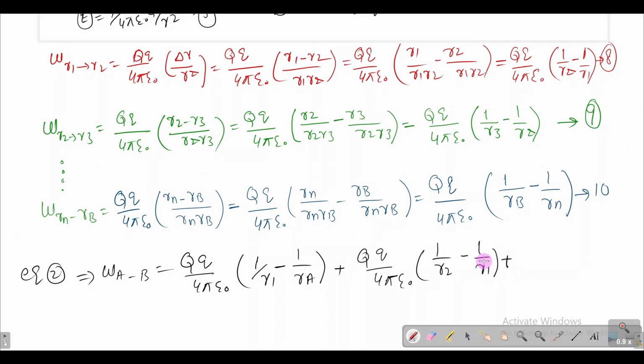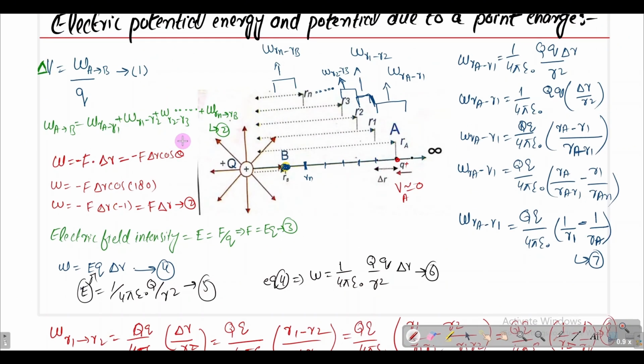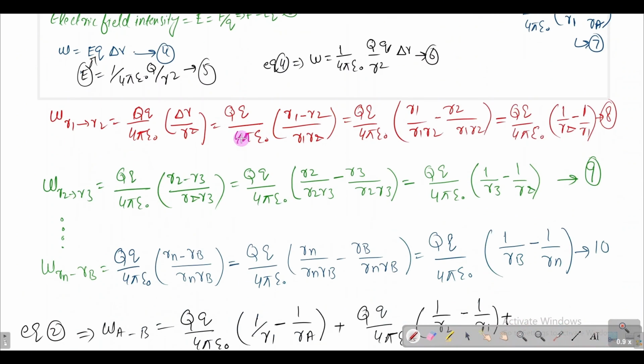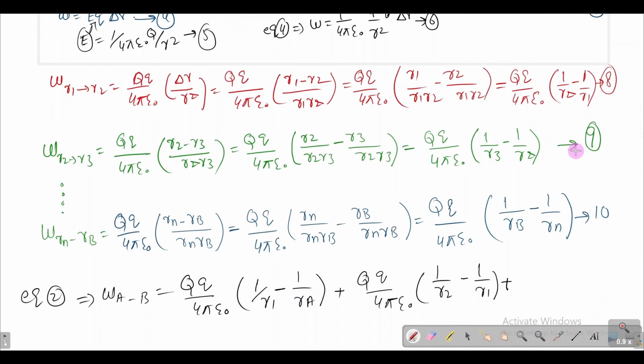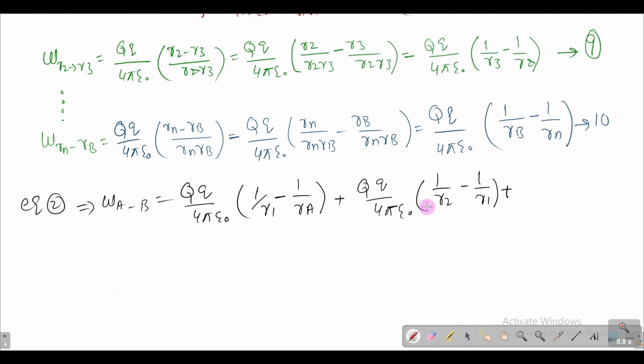Then we will add the work done from R2 to R3, which is in equation 9: Q by 4 pi epsilon naught, 1 over R3 minus 1 over R2.